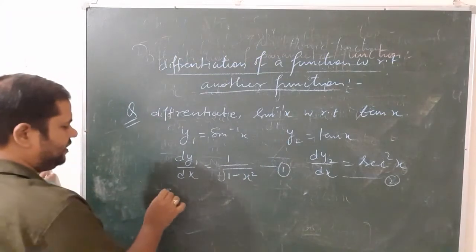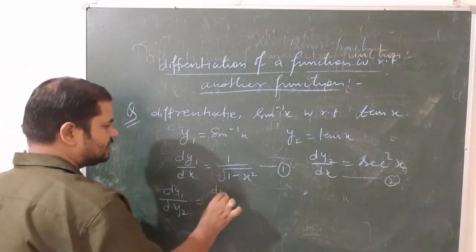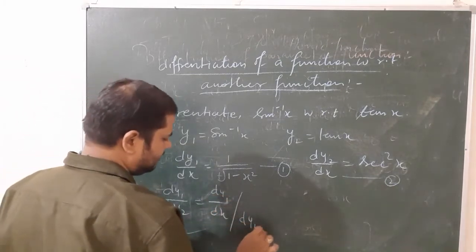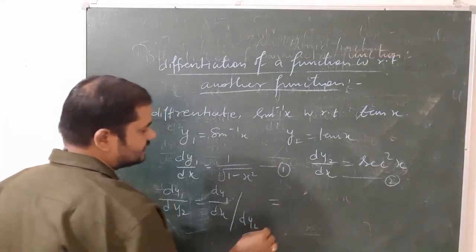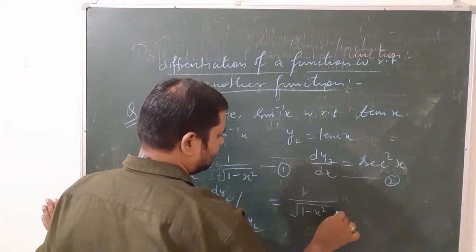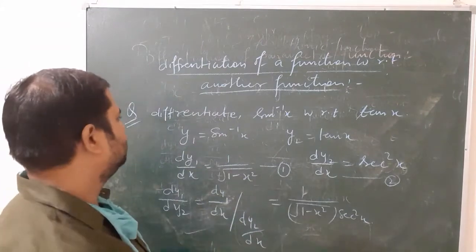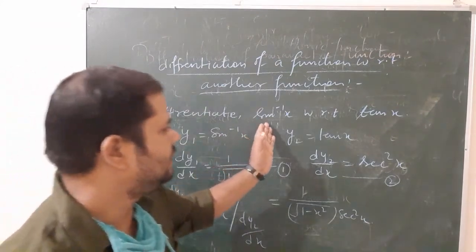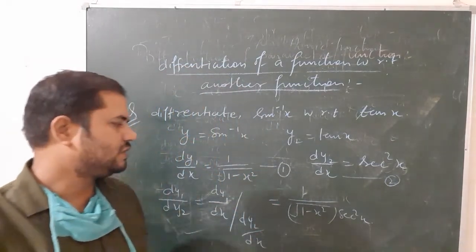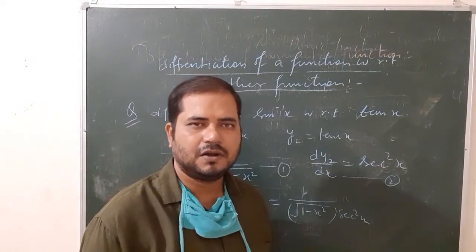Now what we need is dy1 upon dy2, which is dy1 by dx divided by dy2 by dx, and this is nothing but 1 upon root of 1 minus x square into sec square x. So the differentiation of the function sin inverse x with respect to tan x is 1 upon sec square x root of 1 minus x square.